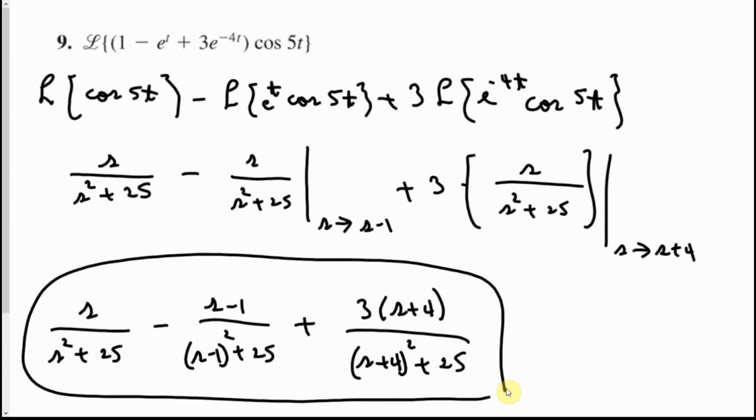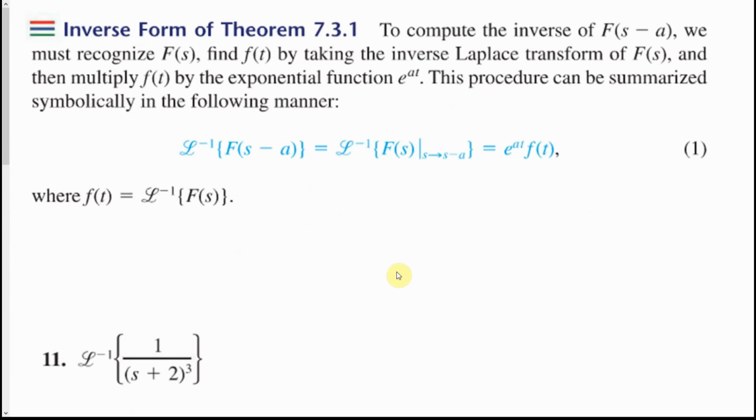Okay, well, let's continue. Let's see here. The inverse form of just that first translation theorem. In other words, if you see the result, how do you get back? So this is the inverse transform of the first translation of a Laplace transform.